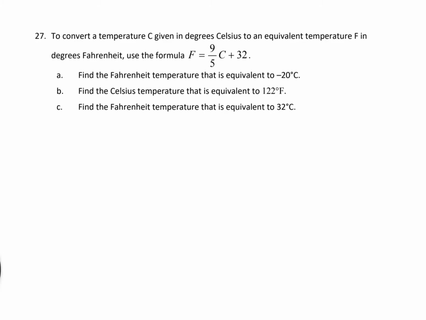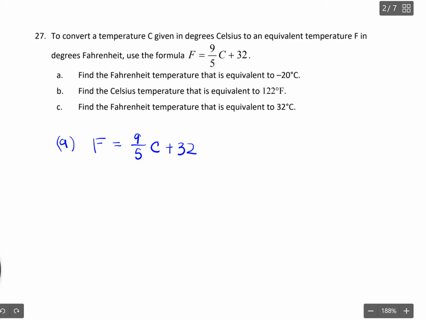Okay, so what is A asking us to find? It says find the Fahrenheit temperature that is equivalent to negative 20 degrees Celsius. So I'm going to start by rewriting my formula exactly as it was given to me. And then it's asking me to find the Fahrenheit temperature.